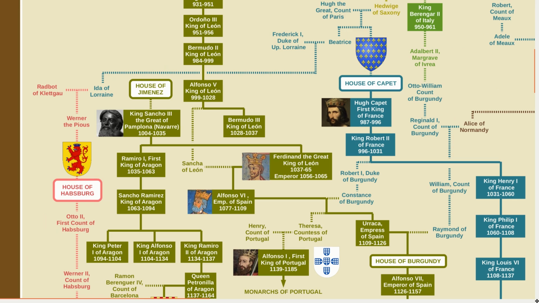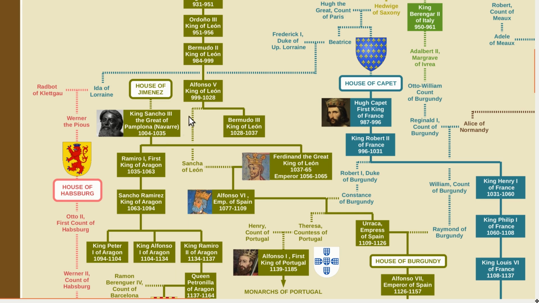While the Asturian dynasty was ruling in Leon, there was another dynasty forming in Navarre, and that was the House of Jimenez. And eventually there becomes a king known as Sancho the Great, who expands his territory into the territories of some of those other kingdoms that existed at the time.